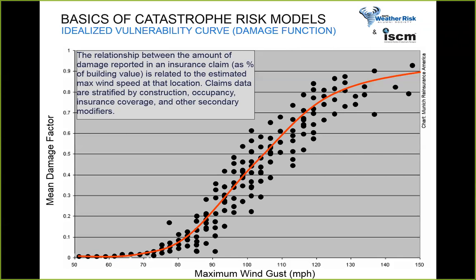Okay, great. And just a follow-up, since we're on the topic of vulnerability curves. I did my best to ask this individual to clarify a little bit, because the initial question had to do with vector-valued intensity measures. I think what they're trying to understand is, in the chart we're seeing here, mean damage factor on the y-axis and maximum wind gust on the x.